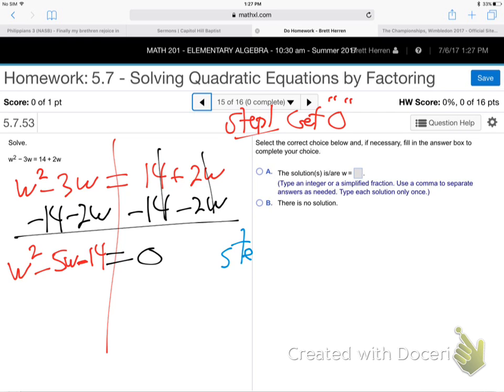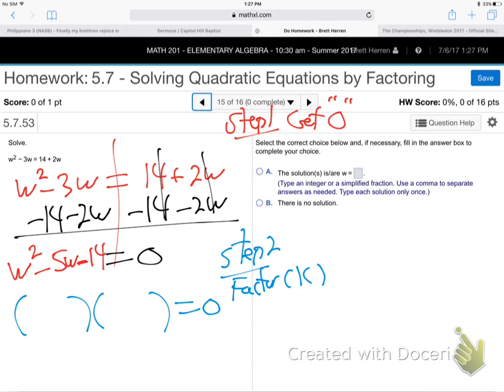Step 2. Factor, parentheses. Right? How do we factor? It's FOIL. It's multiply. It's add. What multiplies to be 14? 7 times 2.